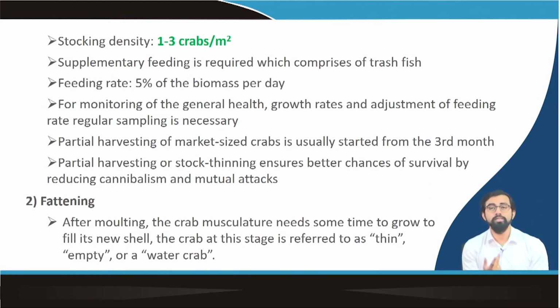So what is the second method that we can discuss today? It's the flattening. After molting is done, the crab's muscle needs some time to grow and fill its new shell. The crab at this stage is called a thin empty crab, or water crab. What does that mean? We need around 5 months for a particular crab species to grow. At the end of 4 months it almost reaches its market size.